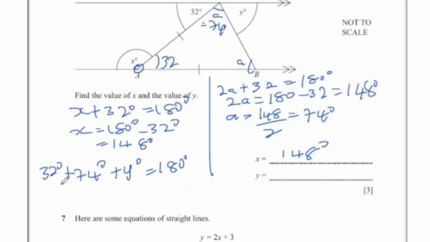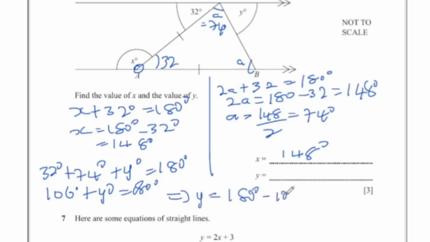So we add this up, we have 106 degrees plus y degrees, everything is 180 degrees, implying that y is equal to 180 degrees minus 106 degrees, giving us 74 degrees. So this is 74 degrees. And this question is 3 marks.